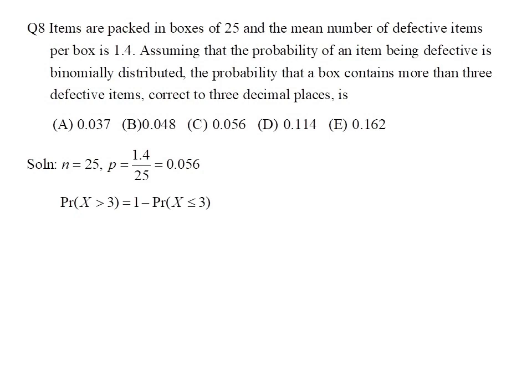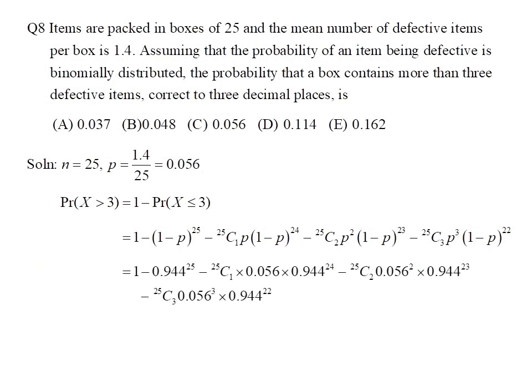So Pr of X is greater than 3 equals 1 minus Pr of X is less than or equal to 3, which equals 1 minus (1 minus p) to the 25, minus 25C1 times p times (1 minus p) to the 24, minus 25C2 times p squared times (1 minus p) to the 23, minus 25C3 times p cubed times (1 minus p) to the 22, which equals 0.048496.